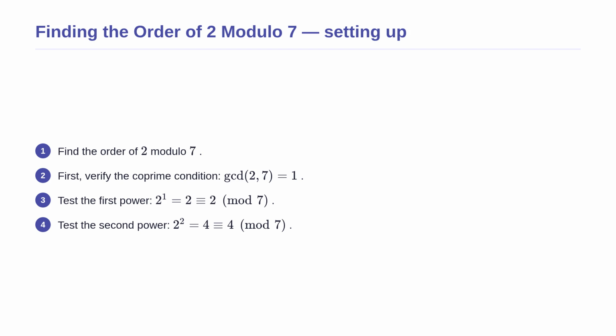The only positive number that divides both is 1, so the mandatory condition is met. We will calculate the powers of 2 sequentially. 2 to the first power is simply 2, which leaves a remainder of 2, not 1. 2 squared is 4, which leaves a remainder of 4. We still have not reached a remainder of 1, so we must continue testing the next powers.